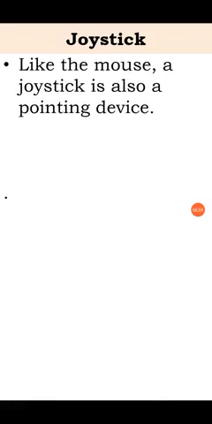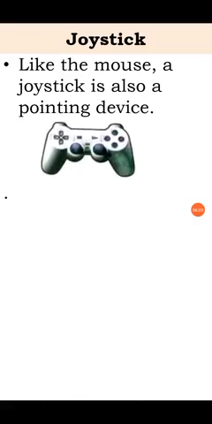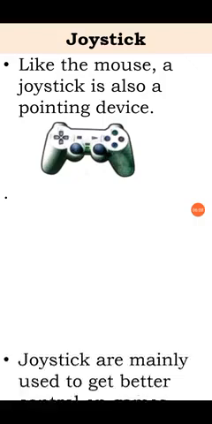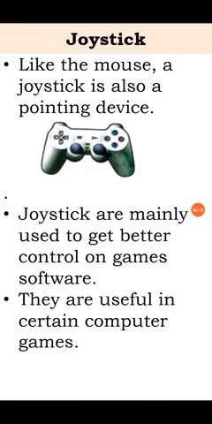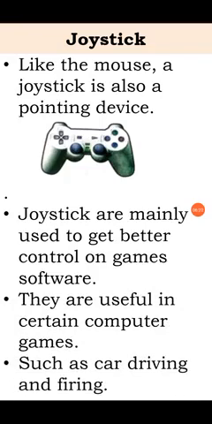Next is joystick. Like the mouse, a joystick is also a pointing device. This is a joystick. Joysticks are mainly used to get better control on game software. These are useful in certain computer games such as car driving and firing.